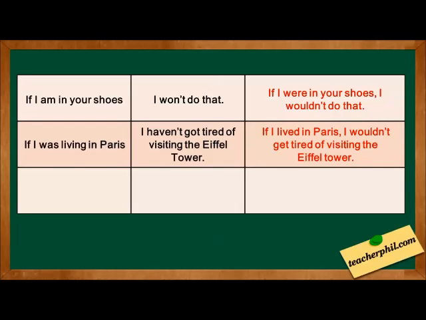The if clause, if I was living, is in the past continuous. We need to change it into simple past. If I lived in Paris. The result clause, I haven't got tired of visiting the Eiffel Tower, is in the present perfect. We need to change it into the pattern would plus the verb in base form. I wouldn't get tired of visiting the Eiffel Tower.